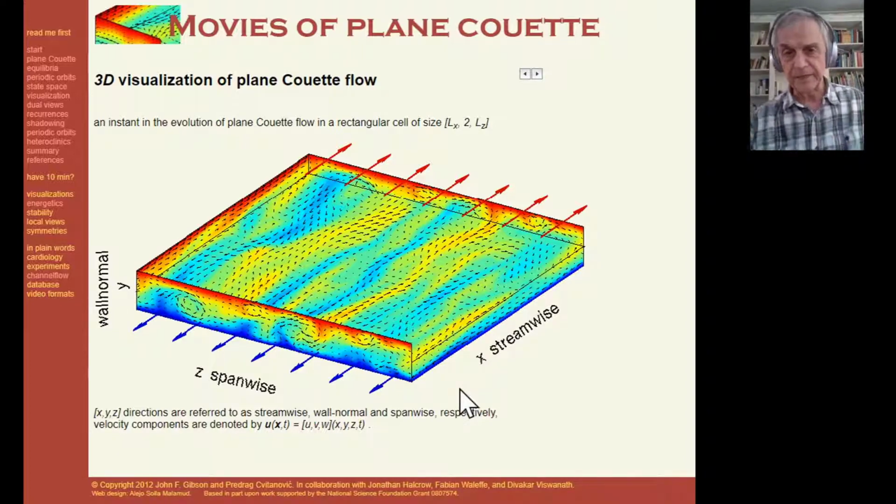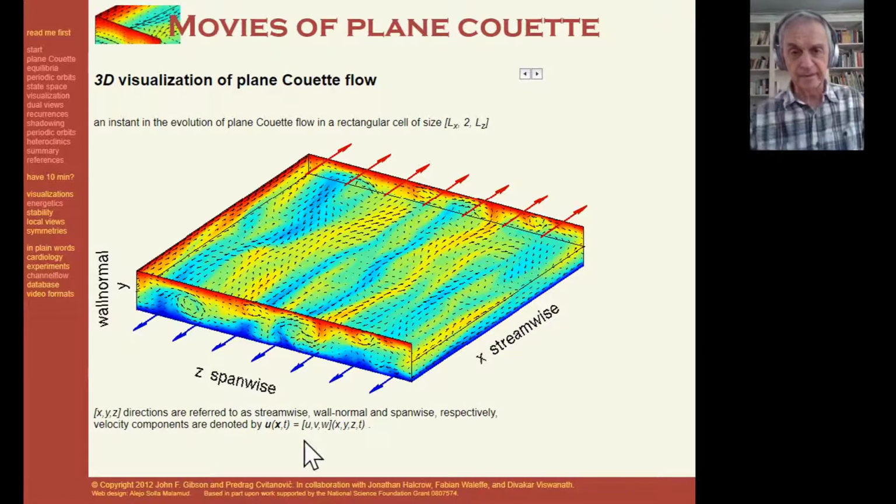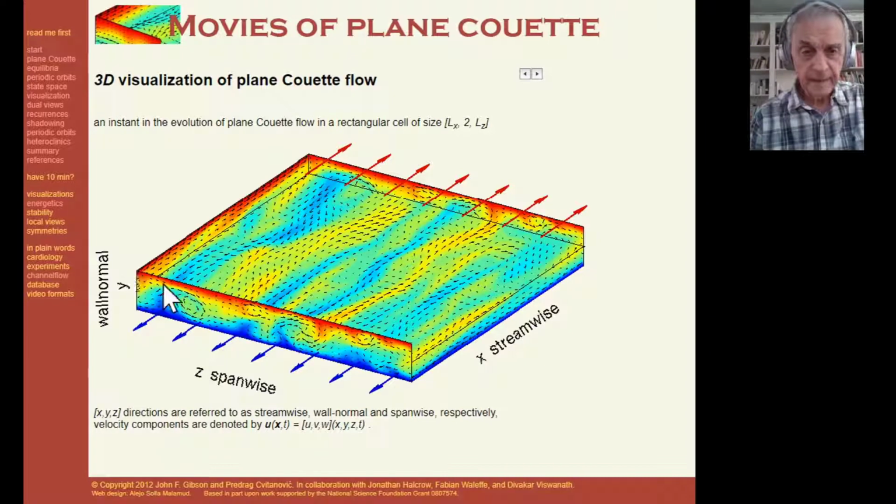It's in principle infinite in streamwise and spanwise dimensions, but in practice, we make it finite. And to be able to solve these problems, we even make it periodic. So we impose boundary conditions that state that the fluid is the same on this vertical normal cut as over there.